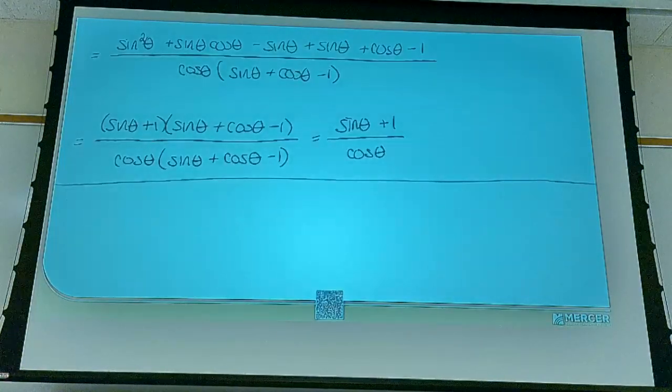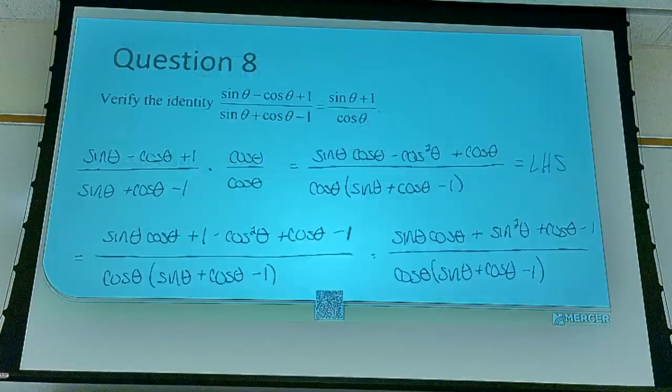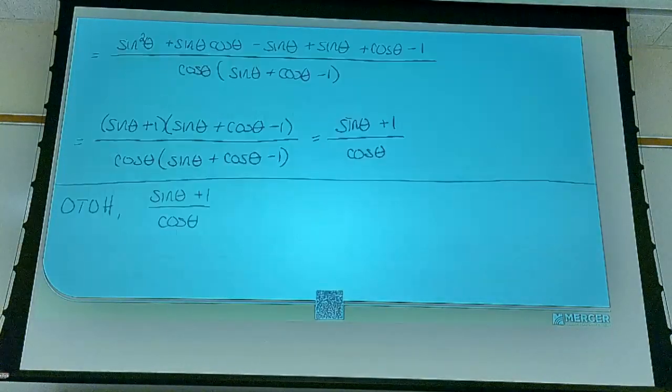On the other hand, what was the right-hand side? Sine theta plus 1 over cosine. And go kind of the same game, say, oh, well, I know that I want sine theta plus cosine theta minus 1 in the denominator. So multiply numerator and denominator by that term, and then see what you get.